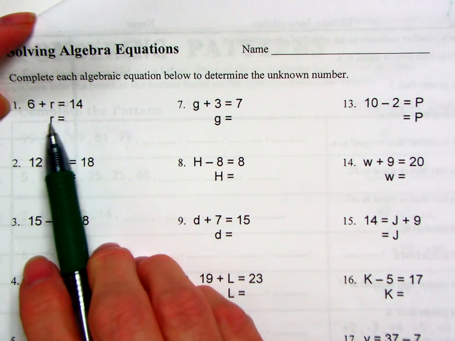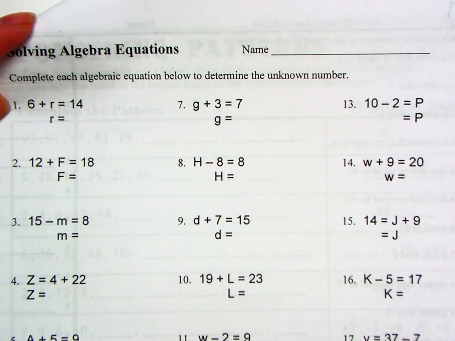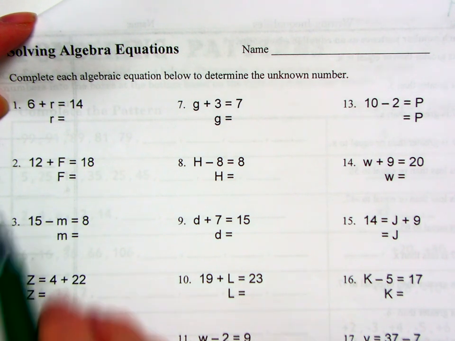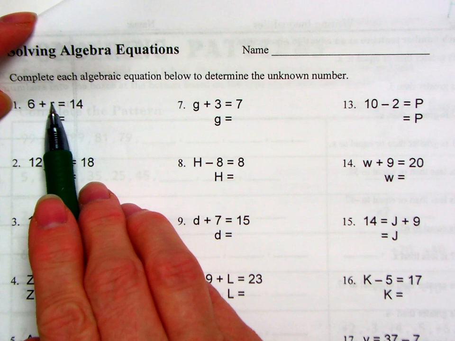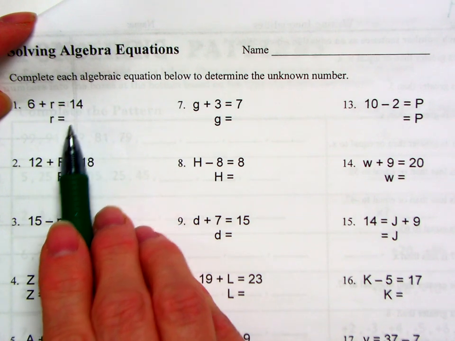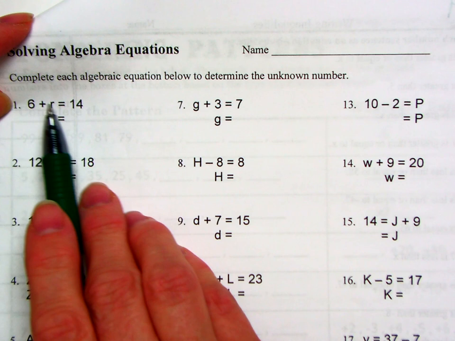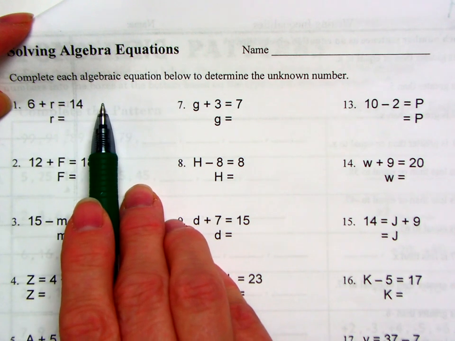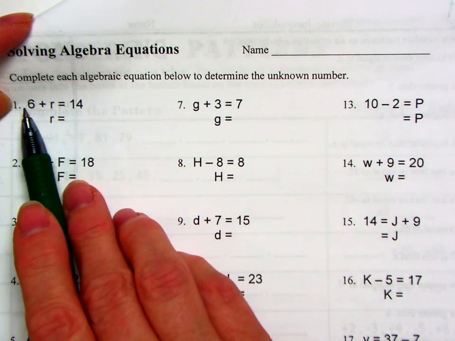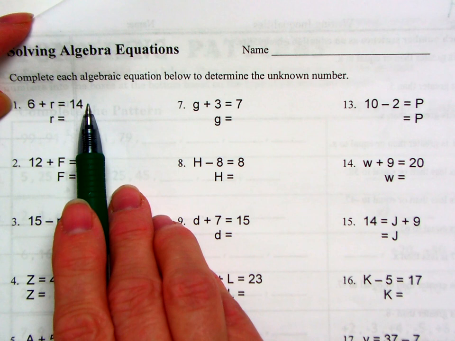In this case, I've given you some very simple addition and subtraction problems, but I've written them as an algebra equation. So for this one, 6 plus r equals 14, you have to think, what number could I put in there for r that would make this equation true? So 6 plus what equals 14?